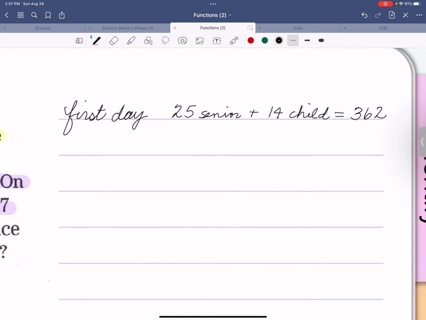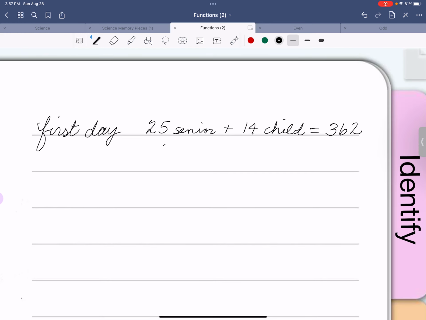So I'm going to let my seniors be represented by S. So 25 seniors plus 14 children equal 362. So there is the first equation in my system.